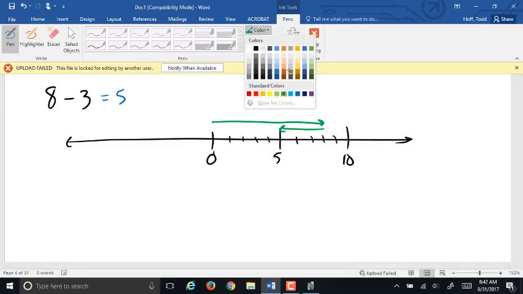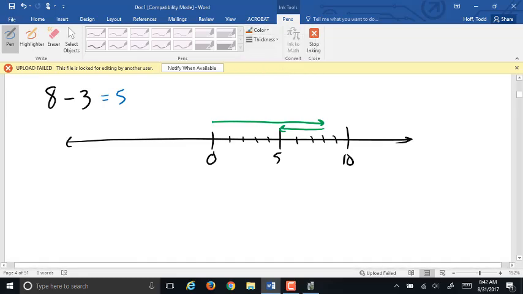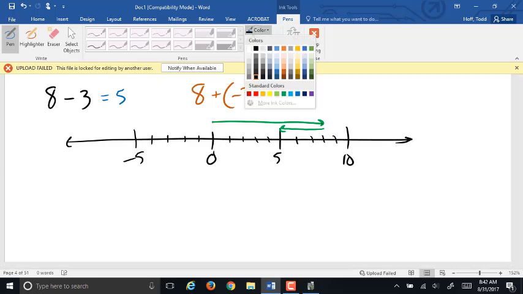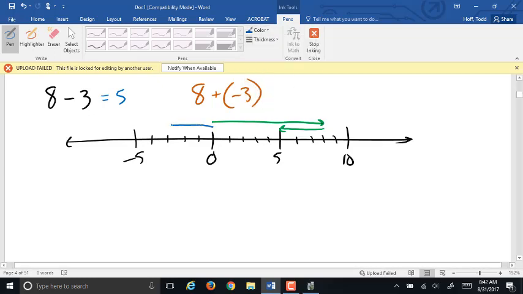If you look at this, though, that picture looks an awful lot like 8 plus a negative 3. Because, in fact, it is the picture for 8 plus a negative 3. Now this would be negative 3. If I move it to here, that's a negative 3 there.